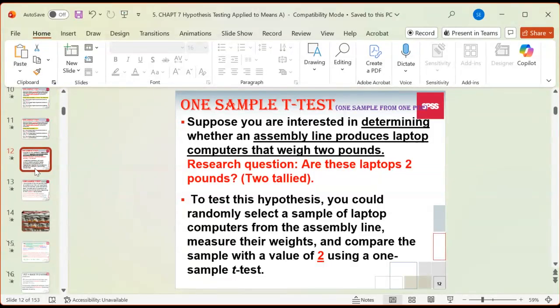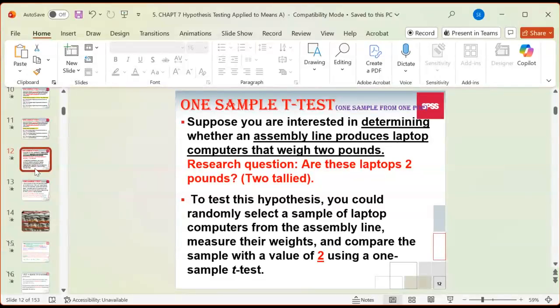To test this hypothesis, you could randomly select a sample of laptop computers. Keep in mind that your participants are not always human. Sometimes you work with products, and you're going to see in a second another one. From the assembly line, measure their weights and compare the sample with a value of 2.